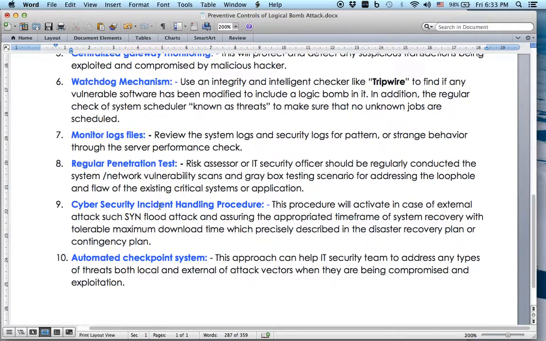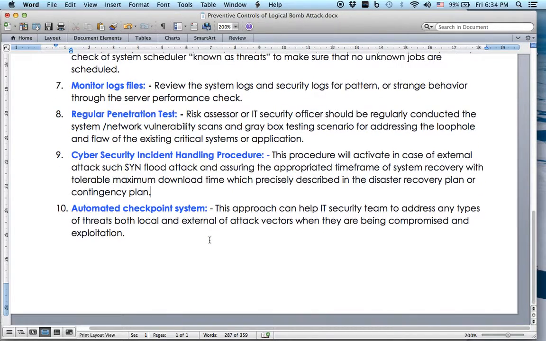So the procedure will describe the recovery activity on the critical system with an acceptable timeline, presented properly in the MTD, maximum tolerable downtime, to ensure that the business can resume within a certain period of the recovery plan. So the system recovery or contingency plan needs to include the incident security handling to cover the specific kinds of attack from external factors.